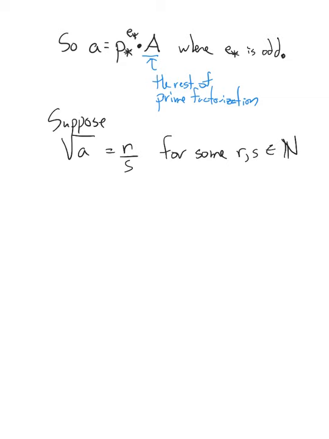It's kind of hard to deal with square roots, so to get rid of the square root, I'm going to square both sides. The square root and the square cancel each other out, so we get that A is r squared over s squared, just r over s times r over s. That's what r over s squared means. And we'll multiply both sides by s squared, just to have no fraction. So we get that A times s squared equals r squared.